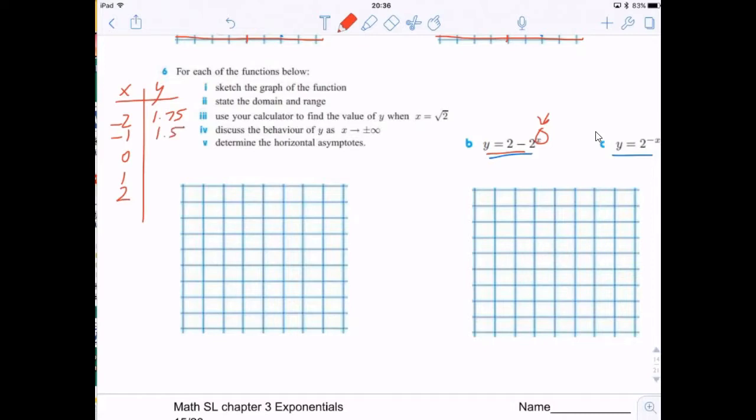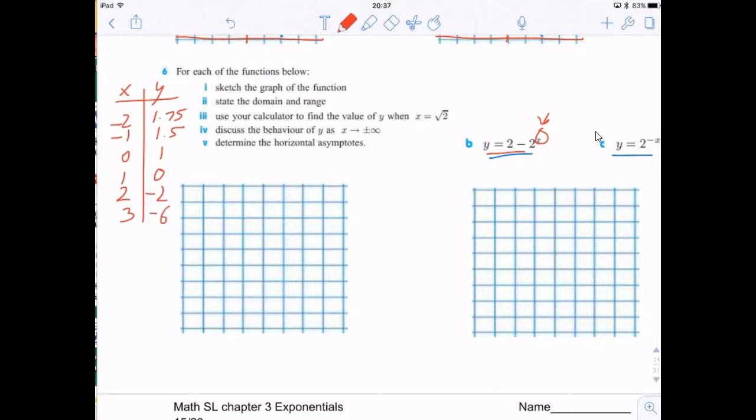If I put 0 in there, it's going to be 2 minus 1, which is 1. If I put 1 in there, it's going to be 2 minus 2 to the first. 2 minus 2 is 0. If I put 2 in there, it's going to be 2 minus 2 squared, which is 2 minus 4, which is negative 2. If I put 3 in there, it's going to be 2 minus 2 cubed, which is 2 minus 8, which is negative 6.